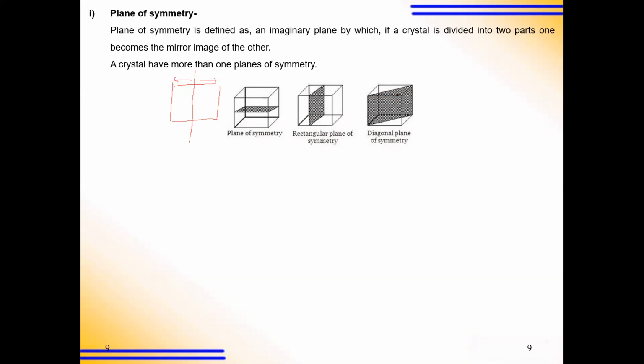So these two equal parts are exactly mirror images of each other, and this is called the diagonal plane of symmetry. This is the imaginary plane which equally divides the crystal into both sides, and it is exactly mirror image of each other. It is called the plane of symmetry, and these are the different types: rectangular or the diagonal plane of symmetry, like this, right?